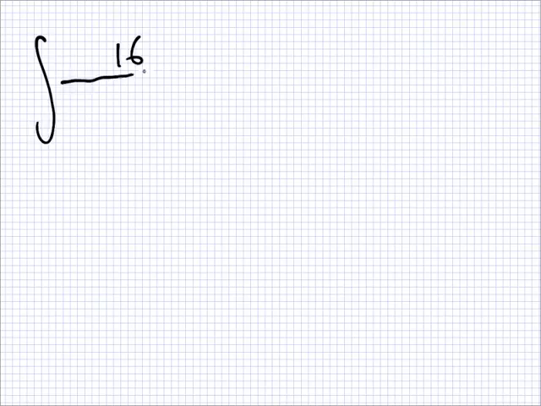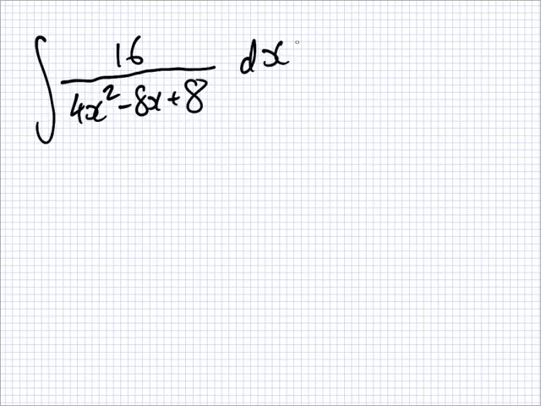Right, try this now. Let's have a look at this. 16 over 4x squared minus 8x plus 8 dx. Well, the first thing you can do at least is divide everything by 4.